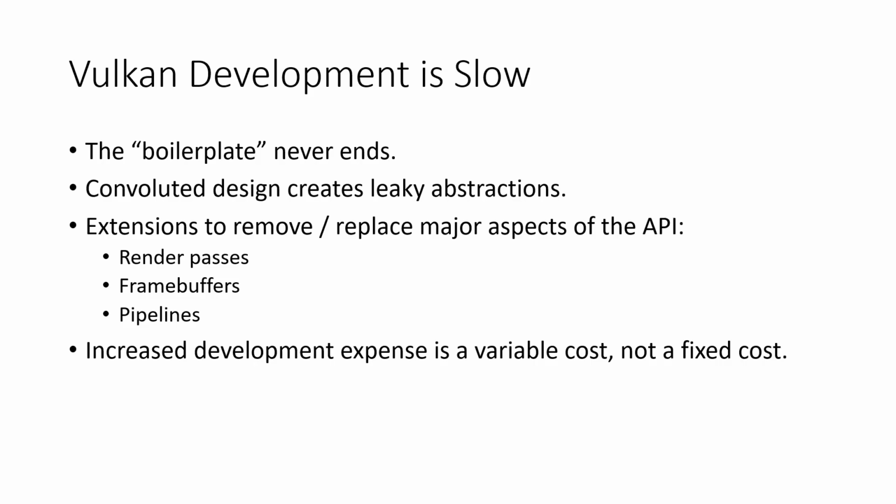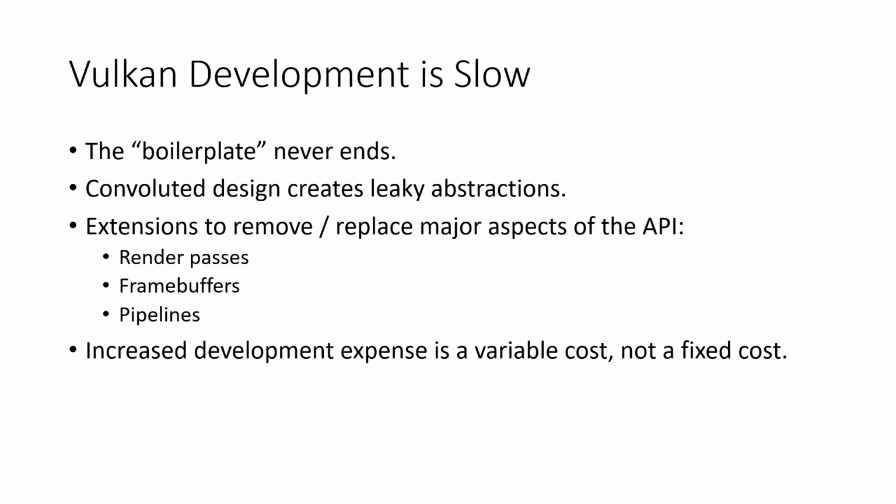Render passes, those were always stupid. They could provide an advantage on some mobile graphics chips, but they provide absolutely no advantage on discrete GPUs, like for the PC, as I understand it. The Vulkan equivalent to a frame buffer, I forget what it's called. And then pipelines were replaced with dynamic shader objects.